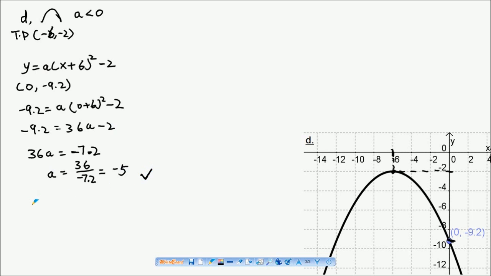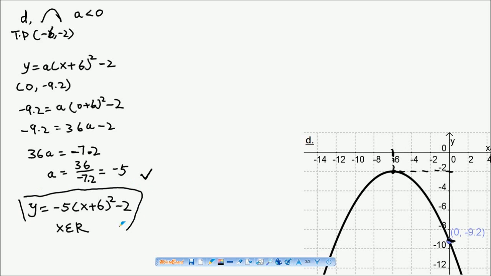So our solution will be y equals minus 0.2 times x plus 6 squared minus 2, and the domain is x belongs to R. If you put this equation in your graphic calculator, I think you would get exactly the same graph shown here.